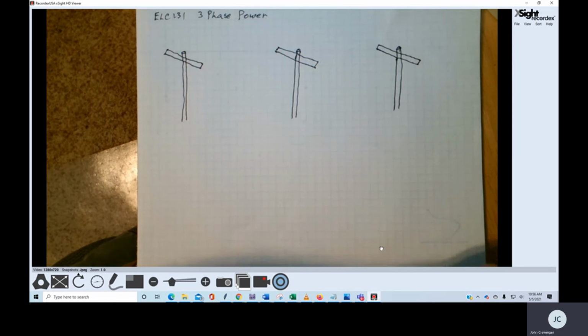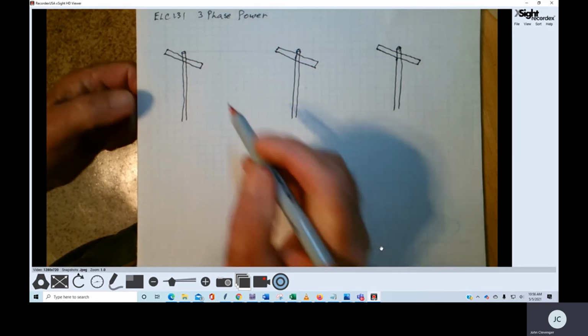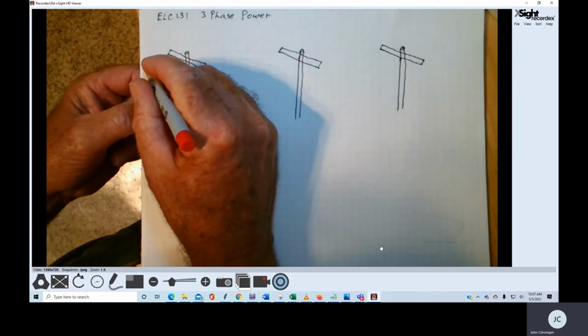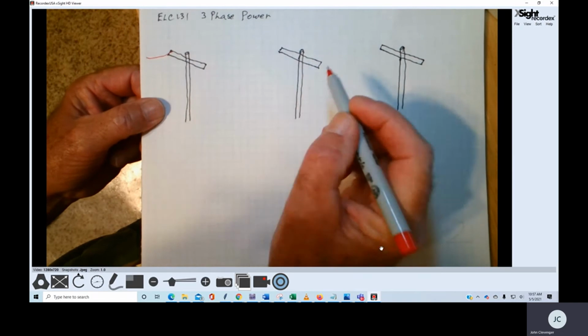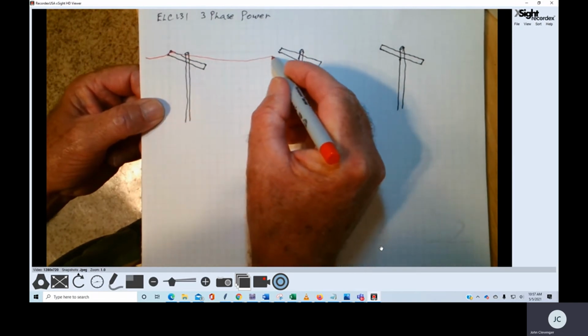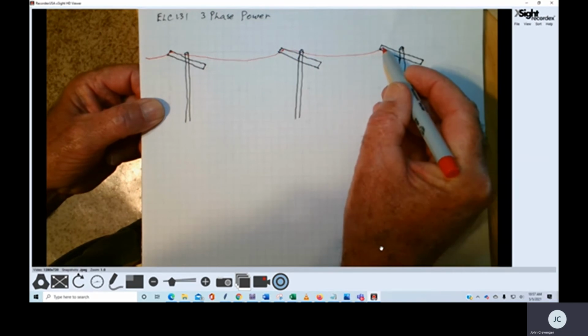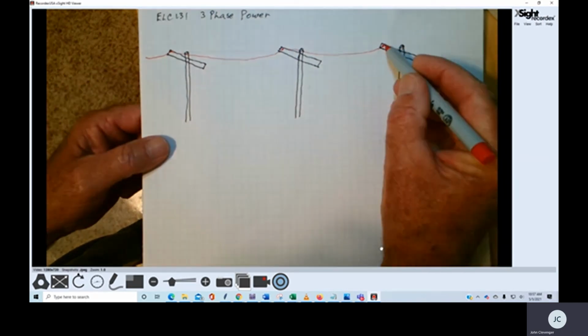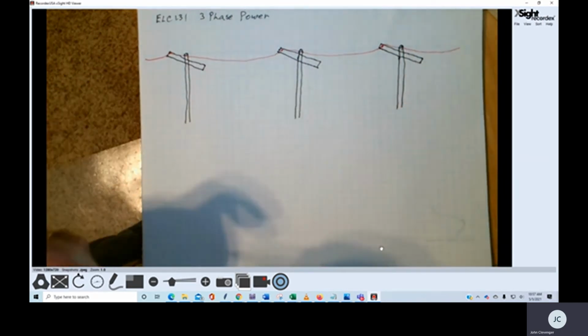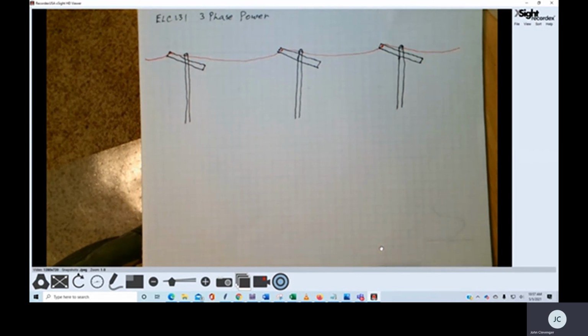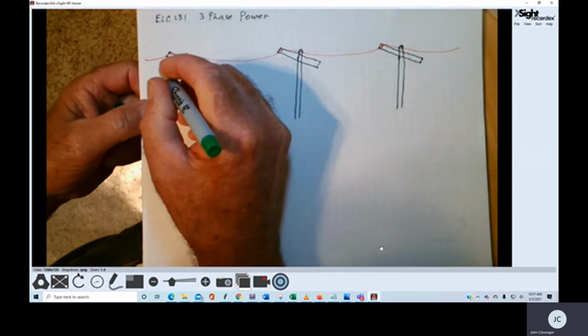And you'll notice that on these power poles, there's actually three wires that connect these power poles together, suspended by these poles and the spreaders. And I'm going to draw these in three different colors, just because, of course, it's more fun.